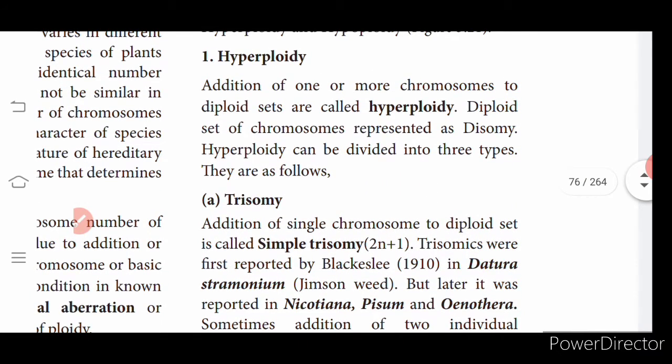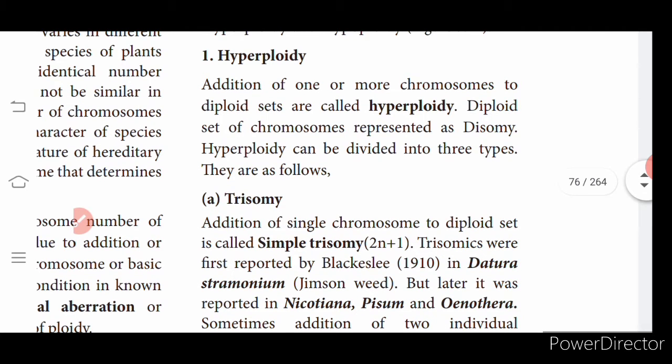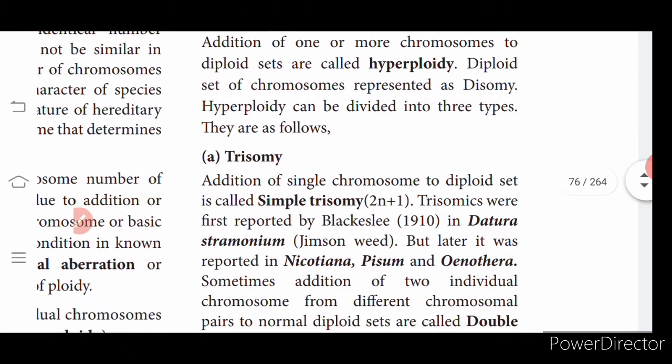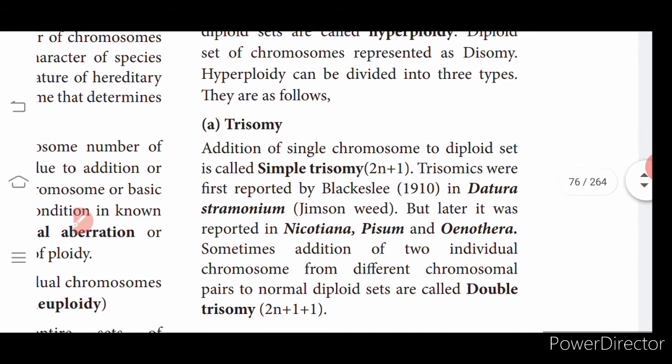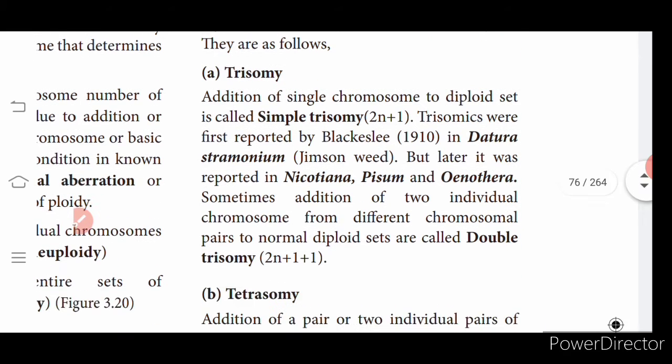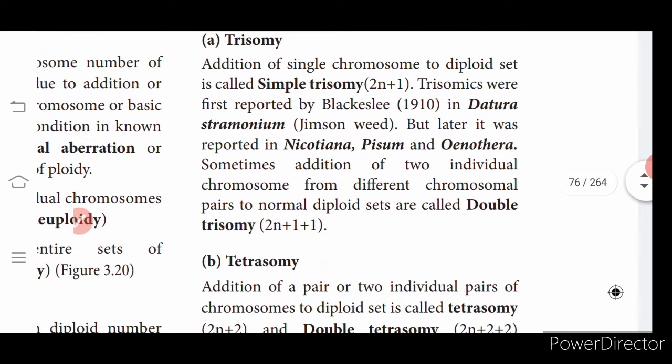Hyperploidy: addition of one or more chromosomes to the diploid set is called hyperploidy. The diploid set of chromosomes represents a disomy. Hyperploidy can be divided into three types. Trisomy, that is addition of a single chromosome to the diploid set.